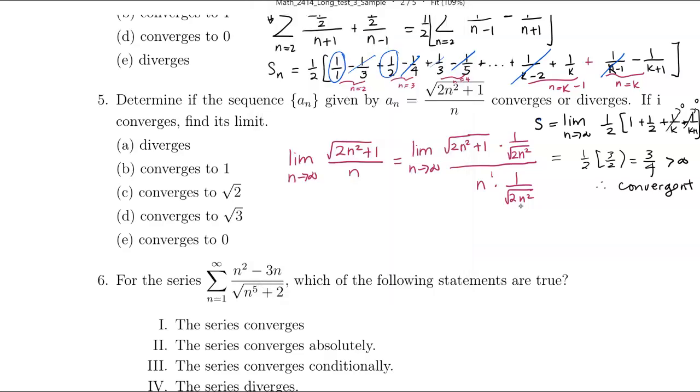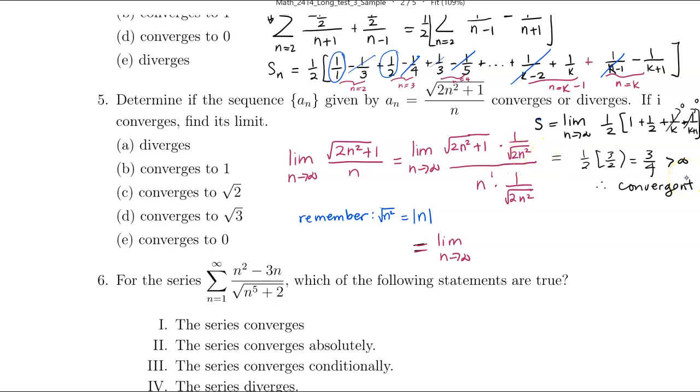So remember, the square root of n squared is not equal to n, but rather the absolute value of n. So that means that for the numerator, for the limit as n approaches infinity, because this is a square root, you could put this inside.